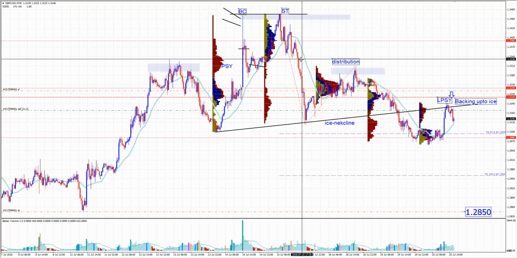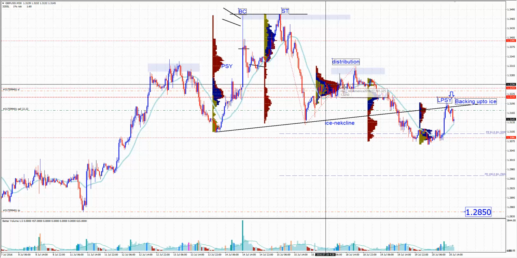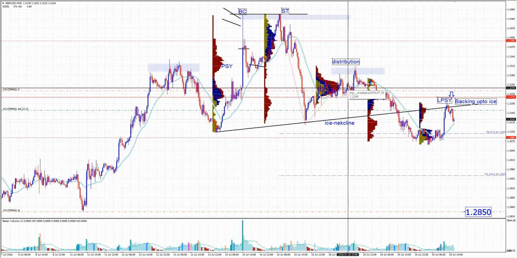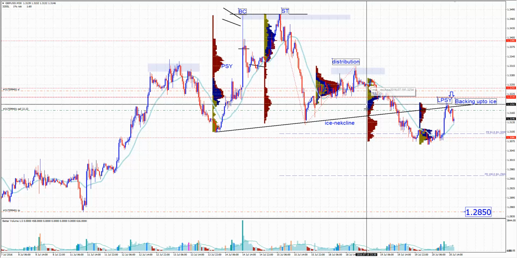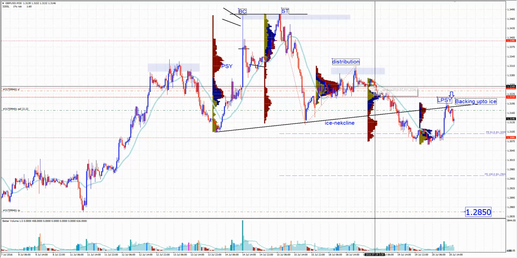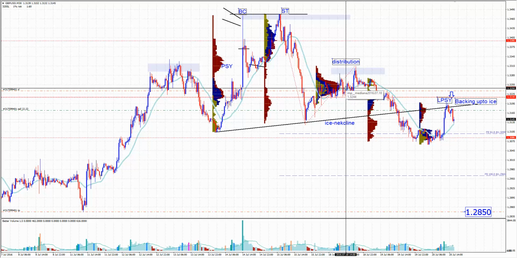For example, you see that this day here is a classic normal non-trend day, and we see that the 1.3244 level was the point of control for this day. But once I saw that yesterday the price went through that point of control with no problem, I knew that traders are happy to lower the value area, and they won't accept the value area at this level.